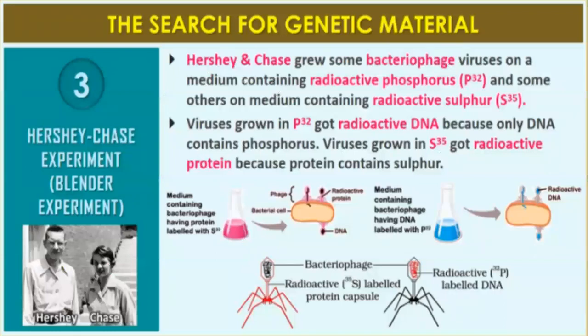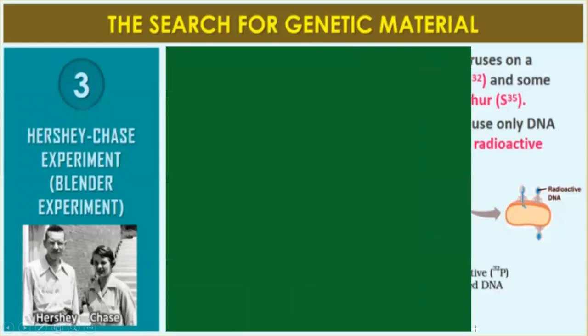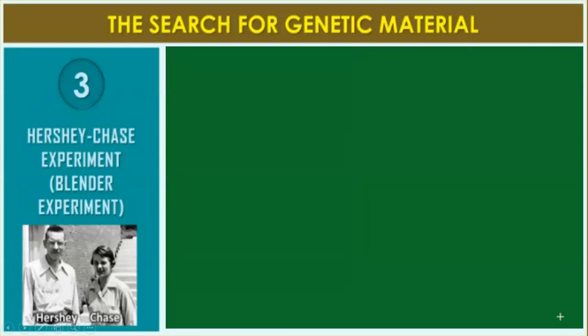The Hershey Chase experiment is also known as the blender experiment. First, I will explain, and after that, we will go to the slides. Okay, guys, now we have the green board.